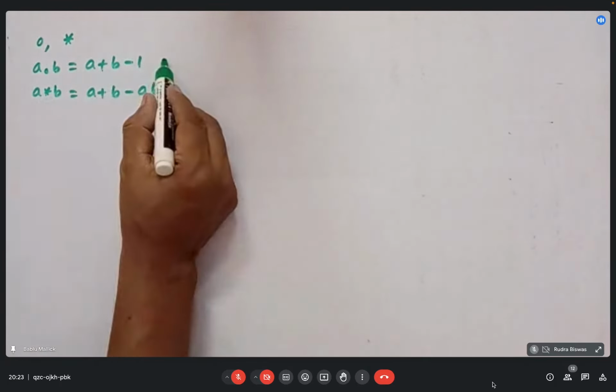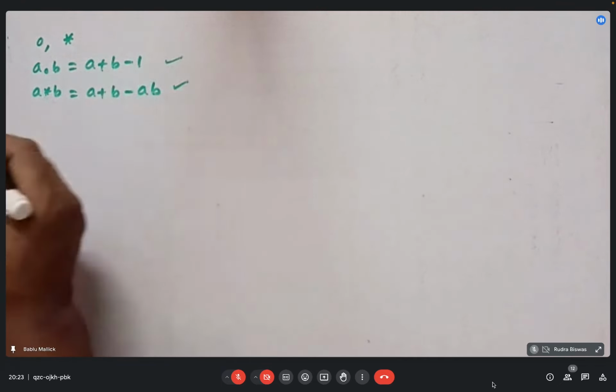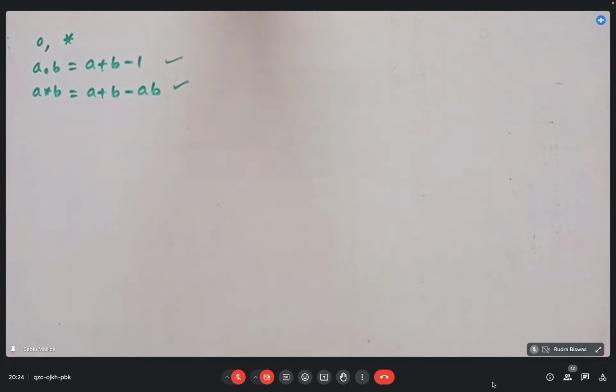We shall show that it forms a ring. Ring means under first composition it is a commutative group, under second composition it is a semigroup, and then distributive property holds.